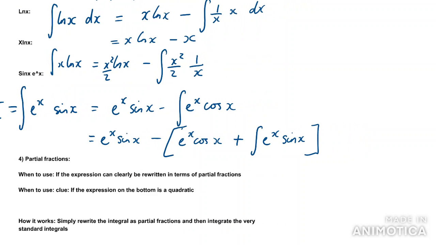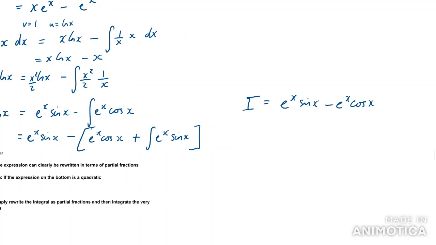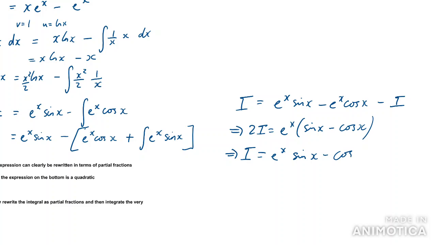So what we end up with is a little trick that says the original integral I must be equal to e to the x sine x minus e to the x cos x minus itself. And so we end up with 2I equals e to the x (sine x minus cos x). And so somehow that's told us what the integral is without actually really solving the integral in a way. So it's a neat little trick that you need to be aware of.